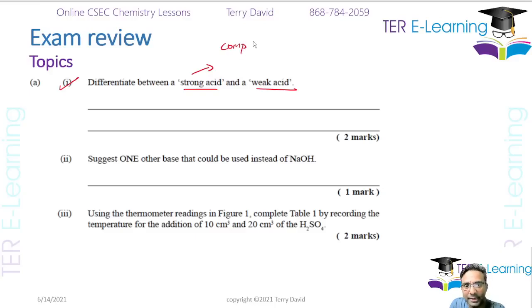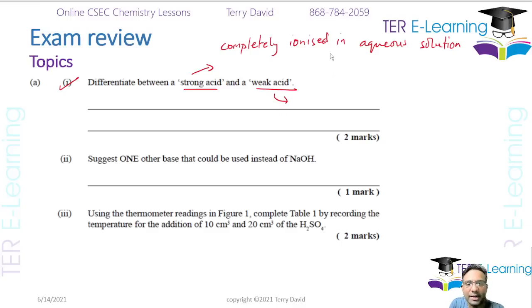So a strong acid is one that is completely ionized in aqueous solution. Right? That's your definition. That's what a strong acid is. So strong acids are things like sulfuric acid, hydrochloric acid, right?